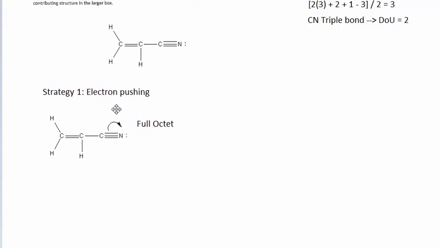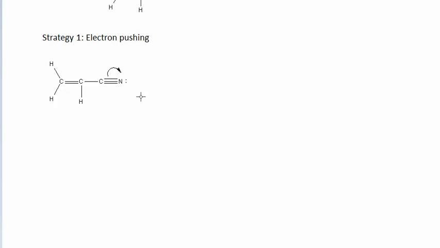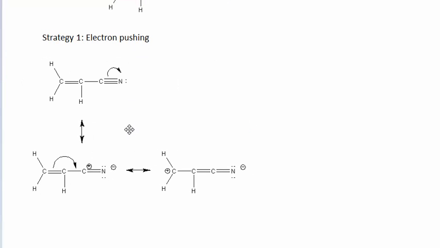Then once again, we need to play our game of electron pushing or charge separation. Let's look at electron pushing first. The first thing you can do is move the electrons up here, and that will get you this.